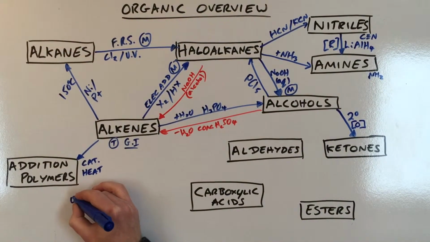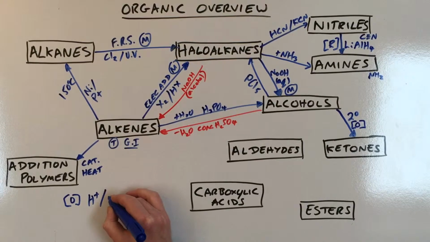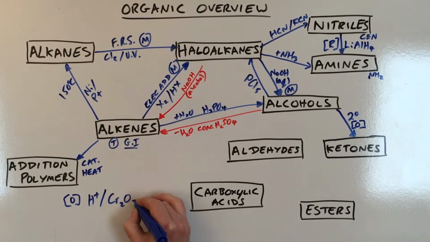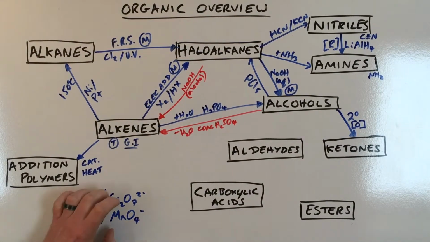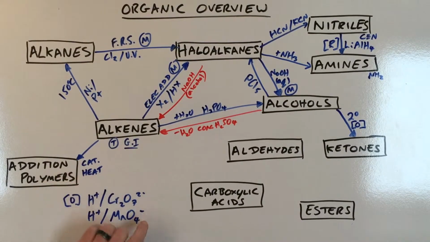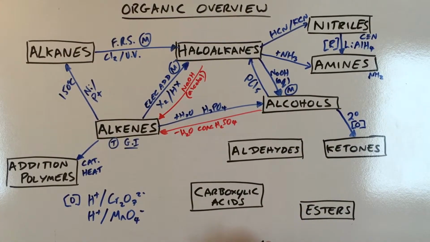So for oxidation, we can have either acidified potassium dichromate, Cr2O7(2-), or acidified potassium manganate(VII). Either of those, and you need to know your color changes: orange to green, purple to colorless, for your oxidation from alcohols to a ketone.